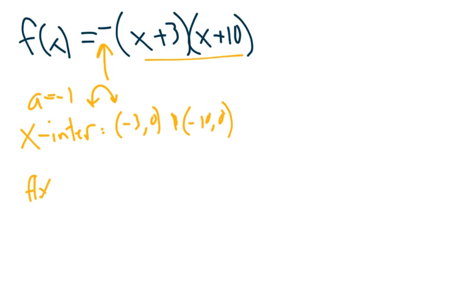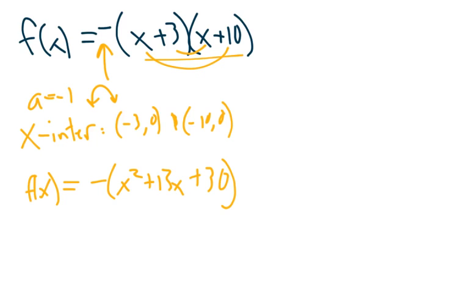And so we'll get f(x) is equal to -x squared, 3x plus 10x for 13x, and then plus 30. Then we distribute the negative signs. So -x squared minus 13x minus 30.